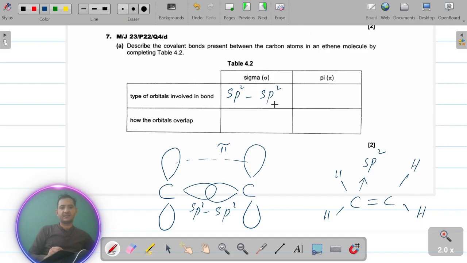So I can say type of orbitals, sp2, and for the pi bond, p orbital overlaps with p. And how the orbitals overlap, they are head on head, you can say directly overlapped with each other, and for the pi bond, you can say sideways, or even parallel. So I'm writing sideways according to the marking scheme.